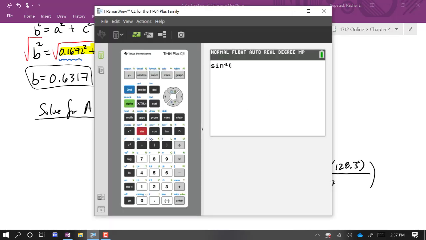So I've got inverse sine of 0.1672 times sine of 128.3 degrees, closing the parentheses on the sine function, divide by 0.6317, close those parentheses, and I get 11.99 degrees, or if I round to the nearest tenth of a degree, that would be 12.0 degrees.